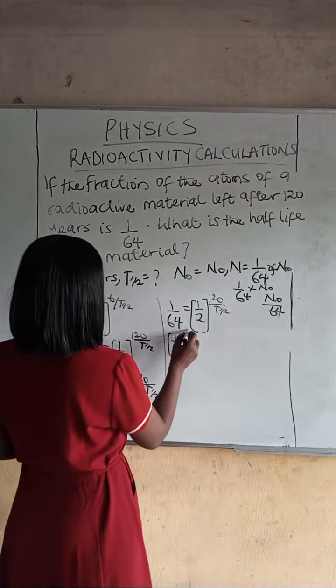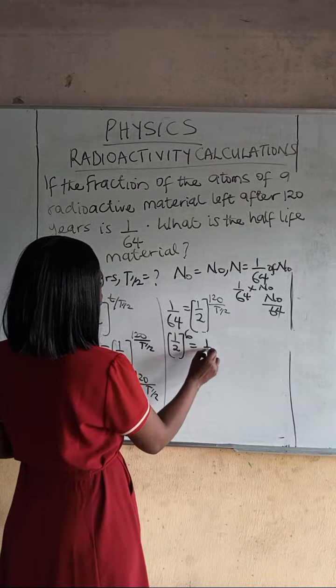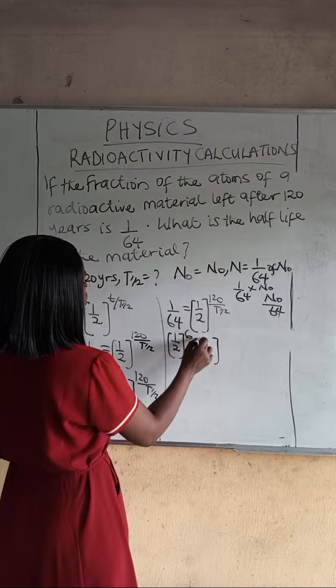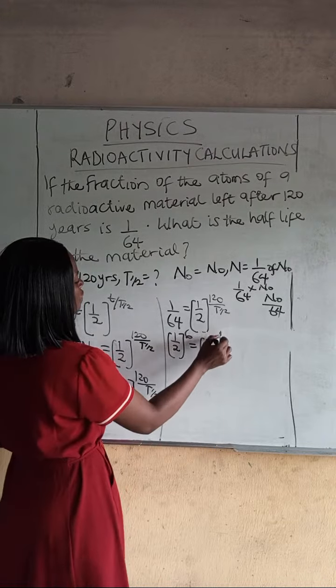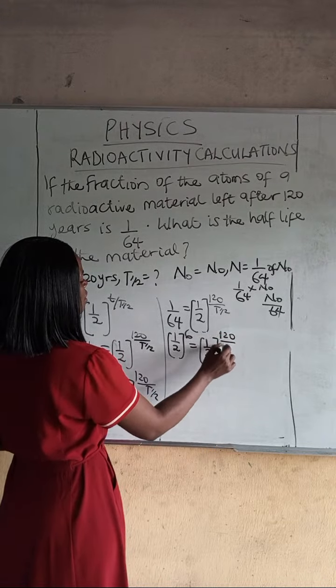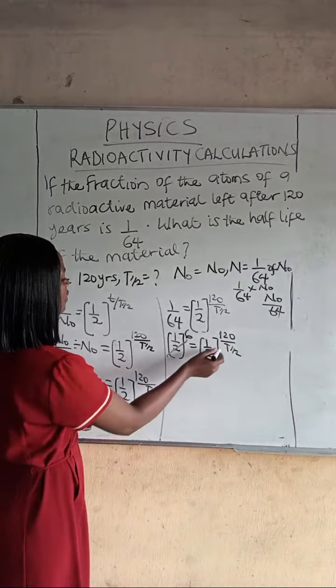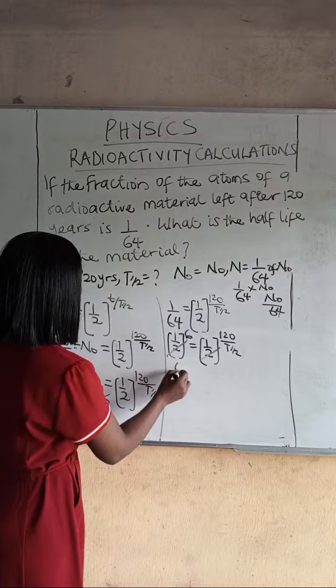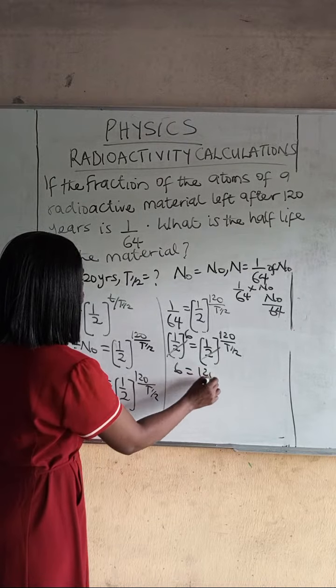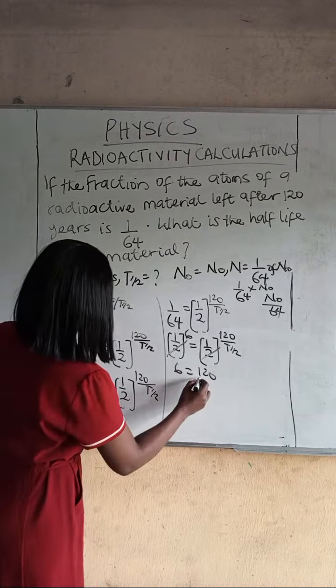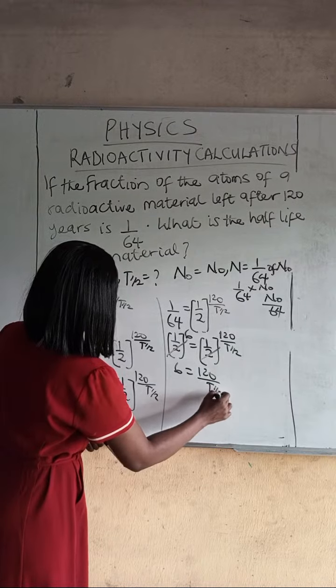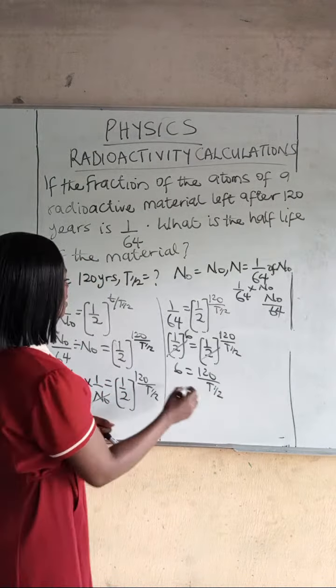So this is 1 over 2 to the power 6 is equals to 1 over 2 raised to the power of 120 over half-life. Now the base cancels the base. Okay? So I have 6 is equals to 120 over half-life. Right? This is over 1.